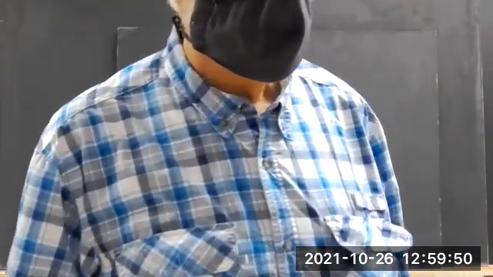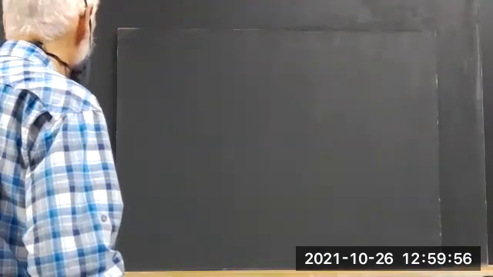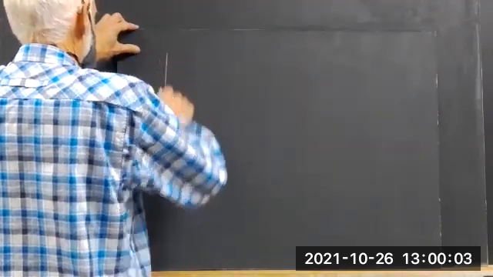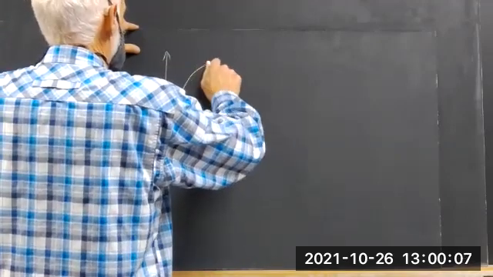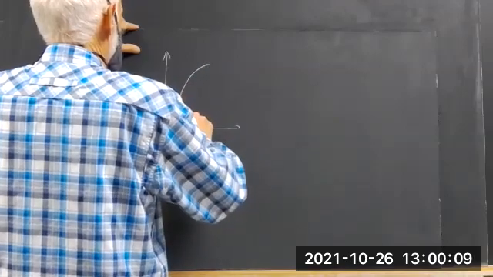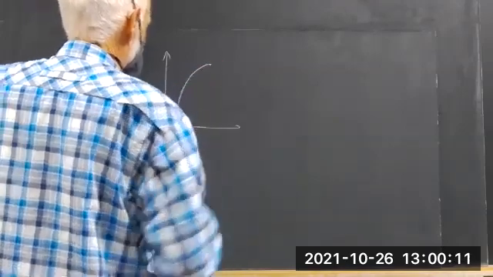The algebra is a little challenge. So, just to make all that as clear as I can, there's a parabola that goes from the point here up to the vertical.